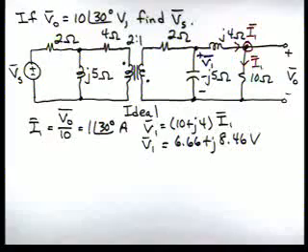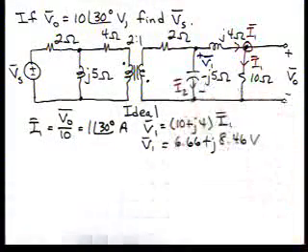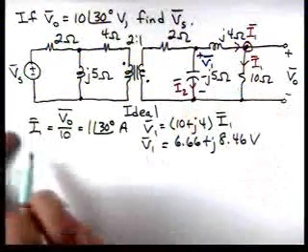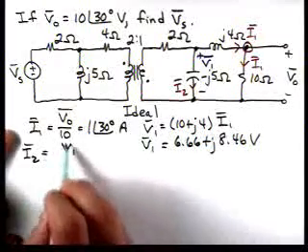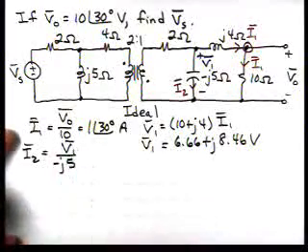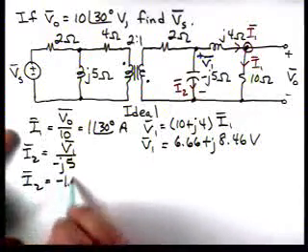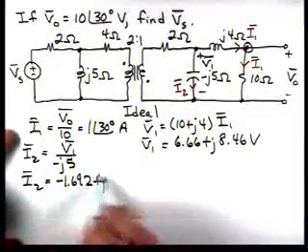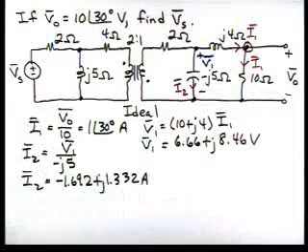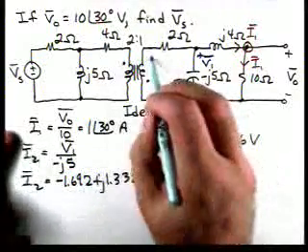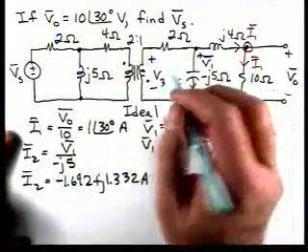Now we can calculate I2. I2 is V1 over minus J5, which says that I2 is minus 1.692 plus J 1.332. And now let's define a voltage. I'm going to call it V3.